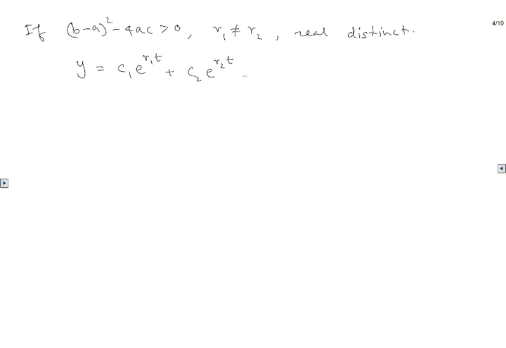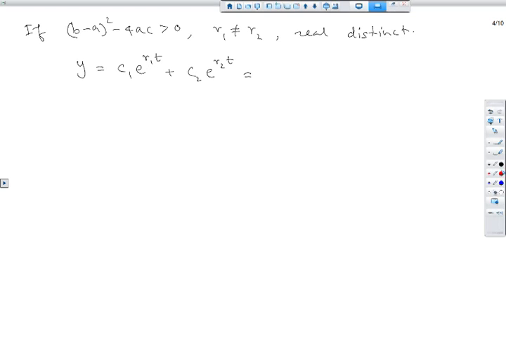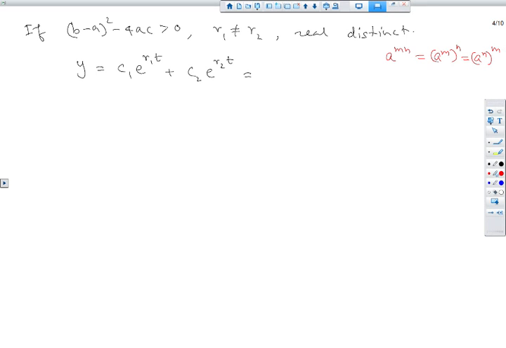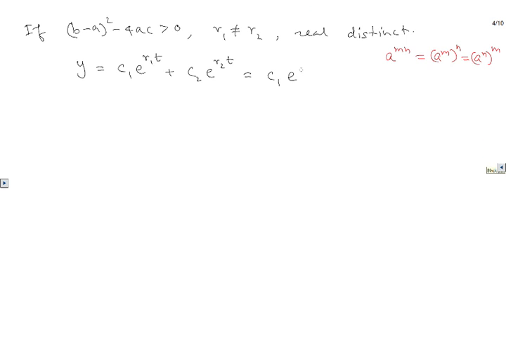So we can use some nice algebra. Recall that a to the m n can be written as a to the m n or a to the n m. Now the product can be written as a power, so we can rewrite this as c1 e to the t r1 plus c2 e to the t r2.